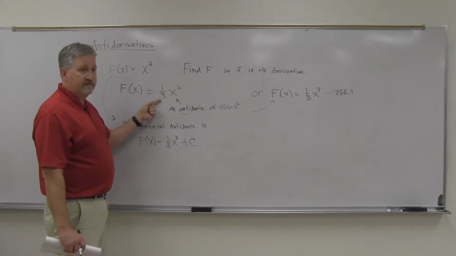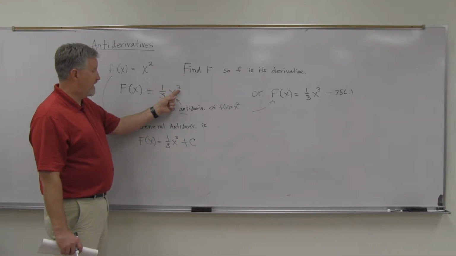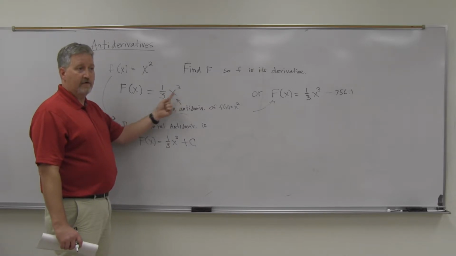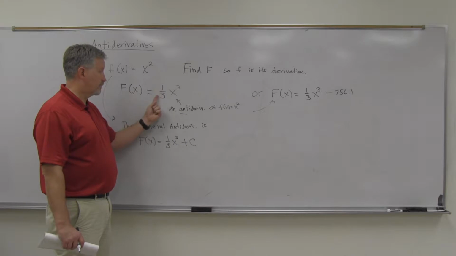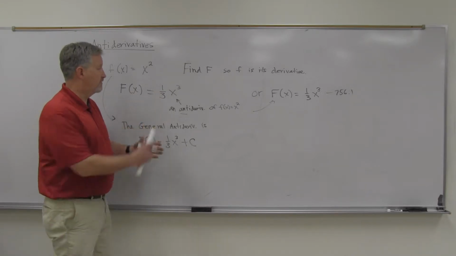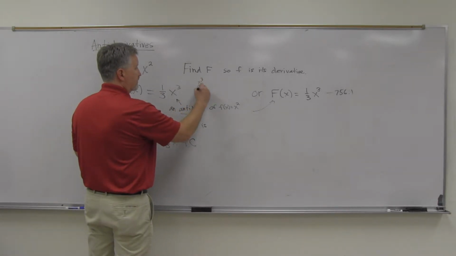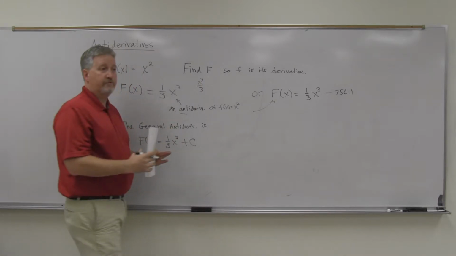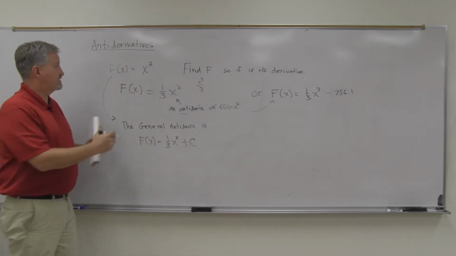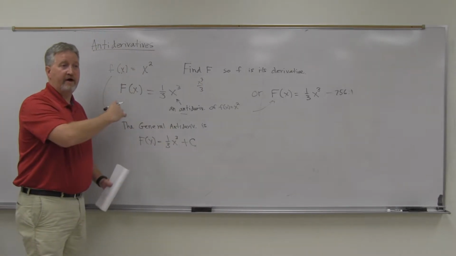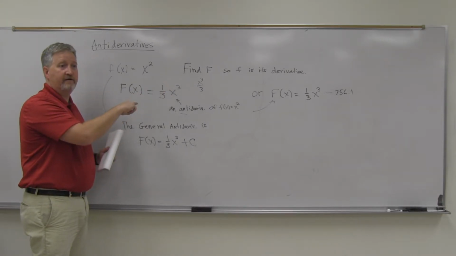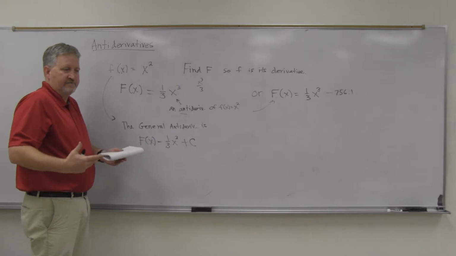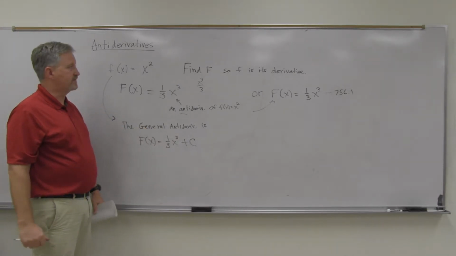I divided by that new power, the 3. I could write it as x cubed over 3. In a derivative process, I multiply by the old power. So you see, it's kind of an opposite process. And then, of course, I add the plus c.